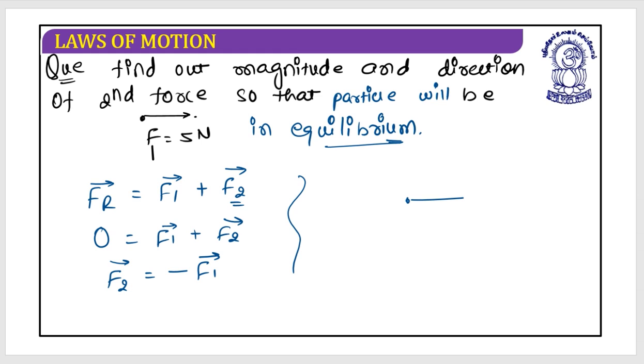So if this is a 5 Newton force in positive x direction, and I apply this force in this direction having the same magnitude, look at this, the magnitudes of both forces are the same but their directions are opposite. That's why the resulting force on the particle P is 0.